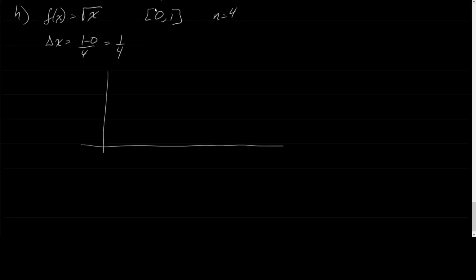Now let's see how we're going to find the upper and lower sums here. Let's draw this function. That's what that function looks like, the square root of x. Let's say this is 1 and this is 0. We're going to start by approximating the area underneath this curve, so I'll do the lower sum first.